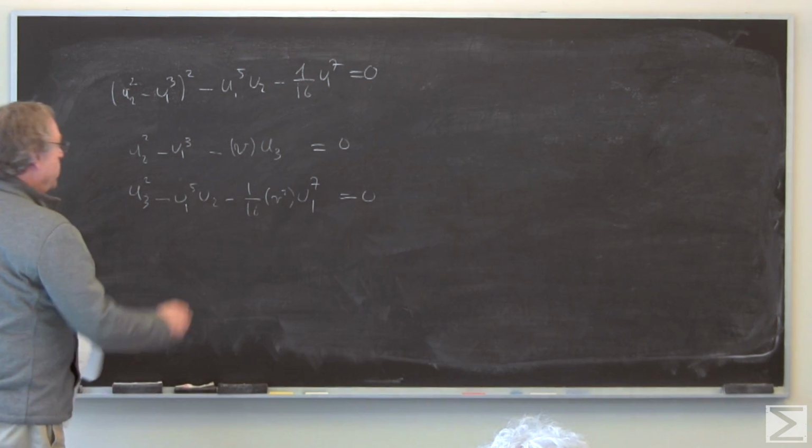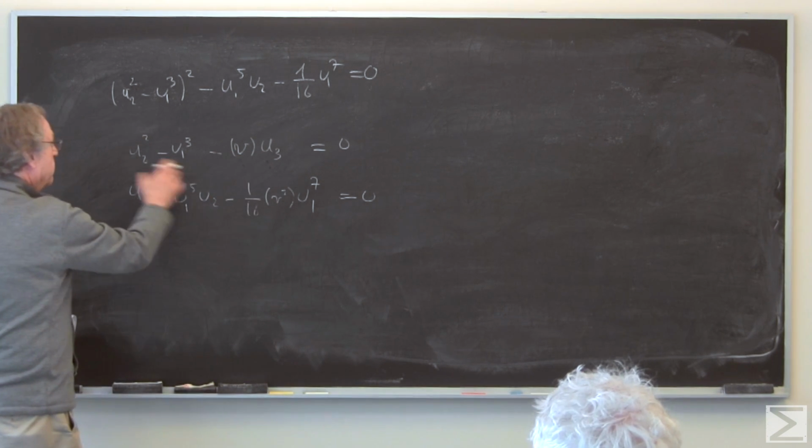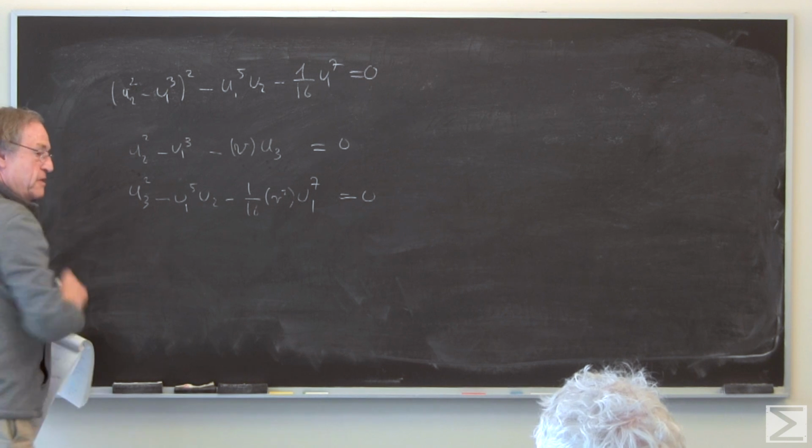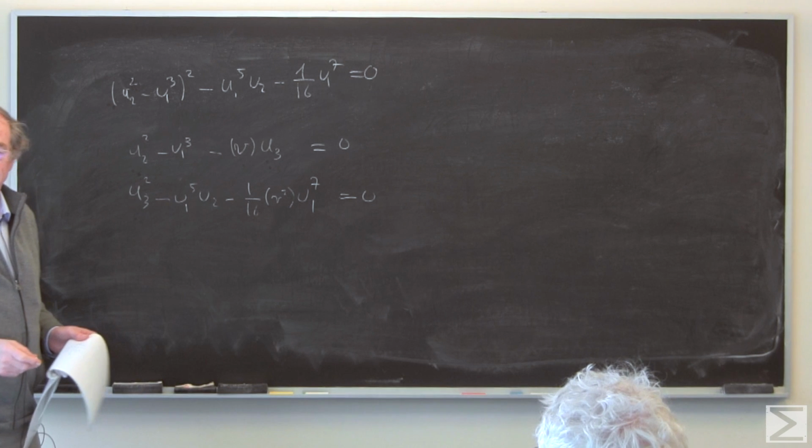So if you take v equals 1 and you eliminate u3 between these two equations, you find this equation.